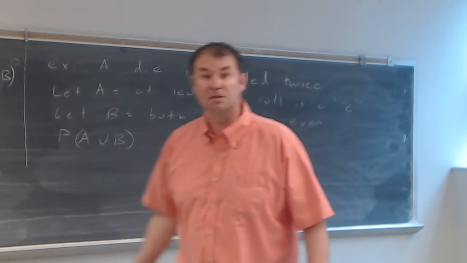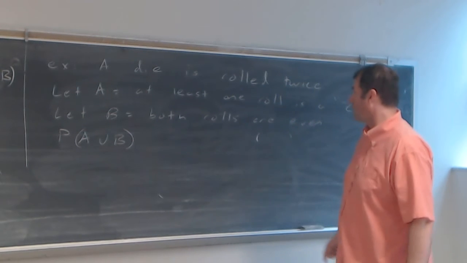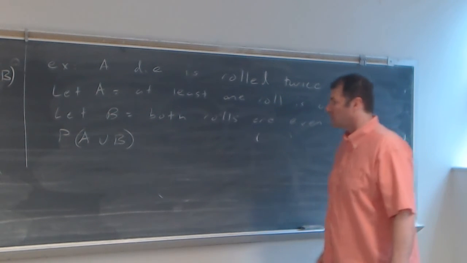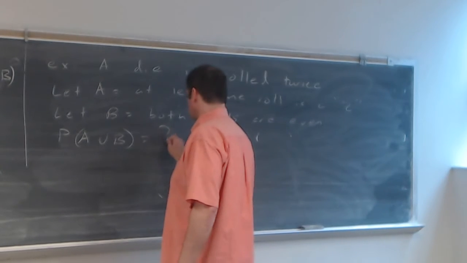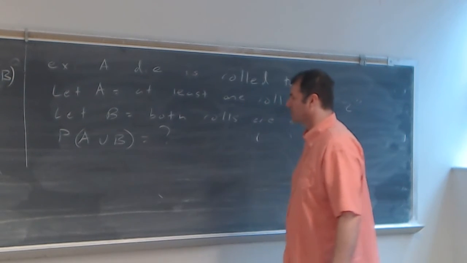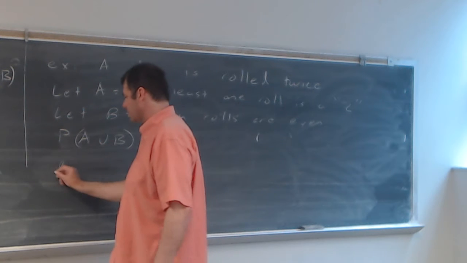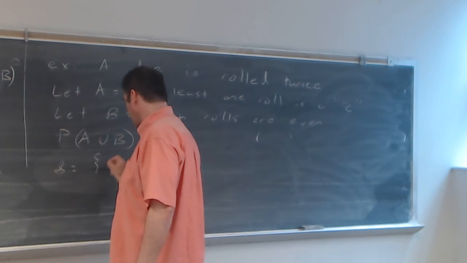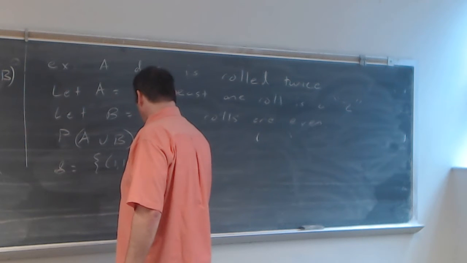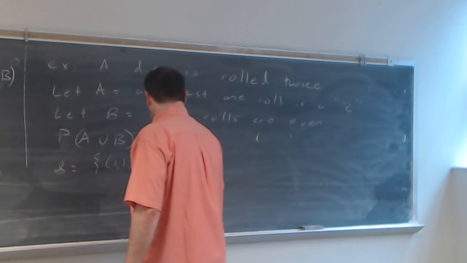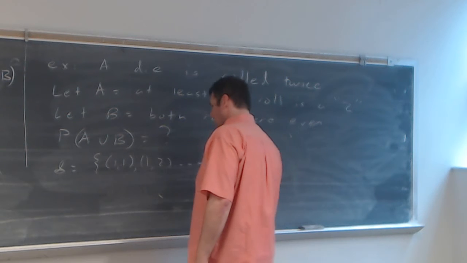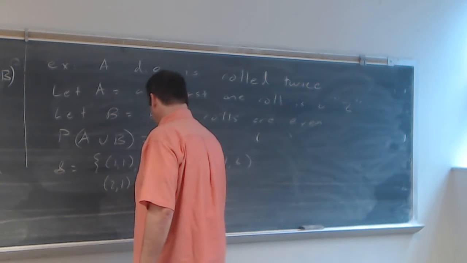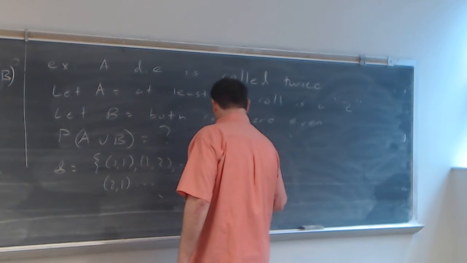These are not mutually exclusive events, for if you intersect A and B, there are going to be things in common. So we don't know what the probability of A and B is. So here's my first thing I'm going to do: I'm going to repeat what the sample space is, but I'm going to do it kind of quickly here. So we have 1,1, 1,2, and it goes all the way up to 1,6. And then we have 2,1, and it would go all the way up to 2,6.